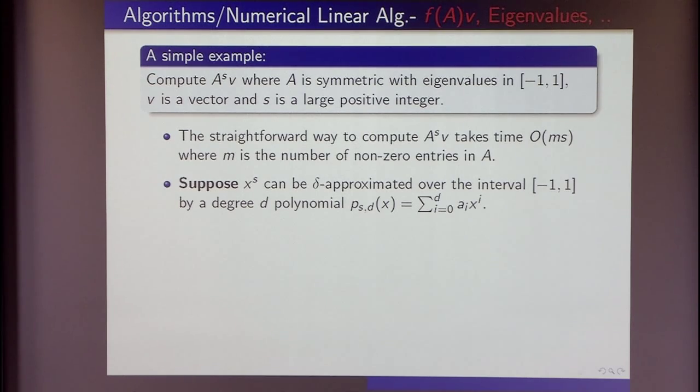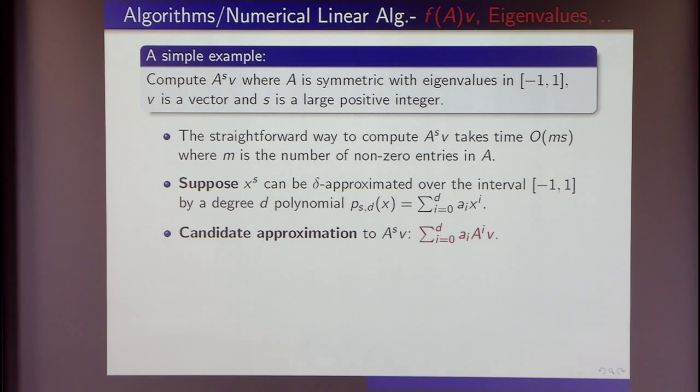But notice that we are allowing for some error. It is difficult to prove lower bounds here, and we'll come to what we can do with respect to the polynomial. But suppose you have such a polynomial of degree d, then the natural candidate approximation for computing this quantity would be to just plug this matrix into this polynomial and multiply it with the vector v.